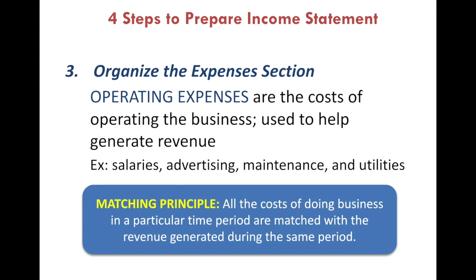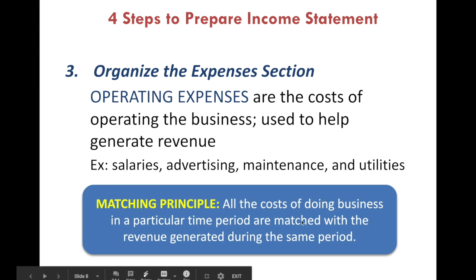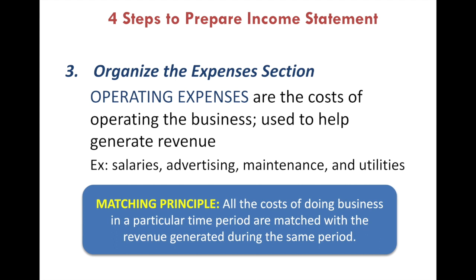Now, this gives us a sort of Alice in Wonderland rabbit hole here, but all you really need to know is that we only recognize the operating costs that are associated with the sales revenue from the period. So when we write an income statement for a certain period, we only concern ourselves with the expenses that are required to get the revenue that we got during that period. Okay?